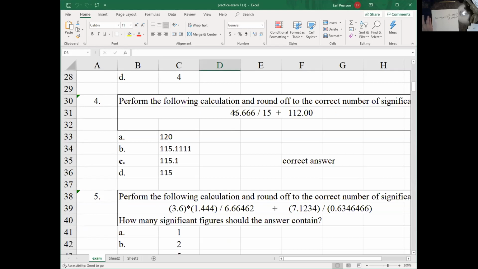So if I divide, I don't want to do it on the screen because I'm going to have to correct the answer down below and save it. So when I divide, I'll just tell you what I get. You can follow me on the calculator if you want to. Take 46.666 and I want to divide that by 15.